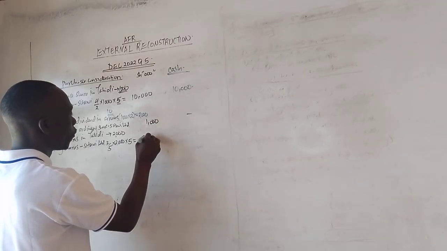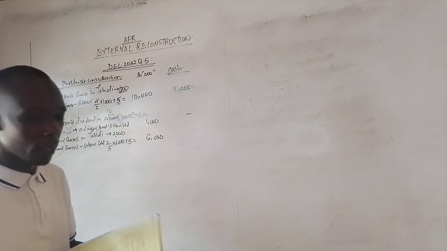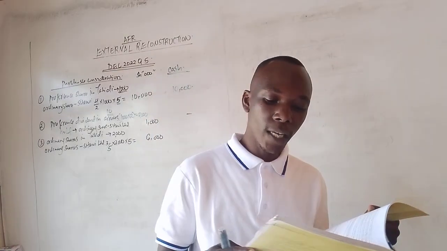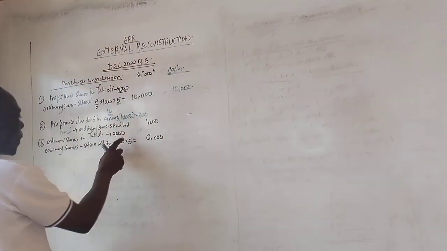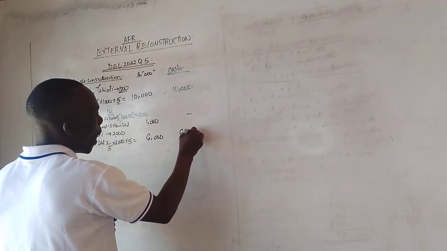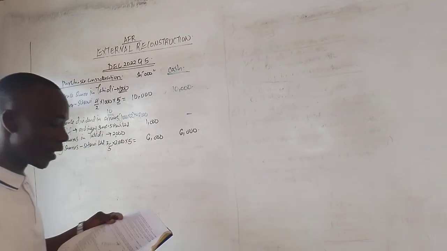Then the examiner is telling us that the ordinary shareholders agreed to immediately pay the balance. So the company paid a half, and the balance was to be settled by the owners of the shares. That is what we are told in number 4.